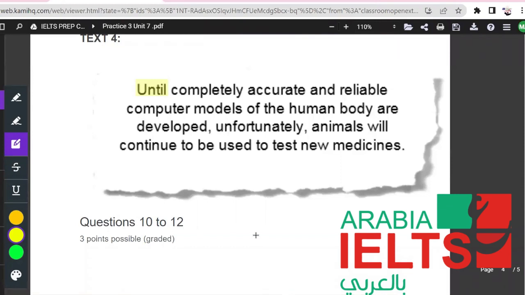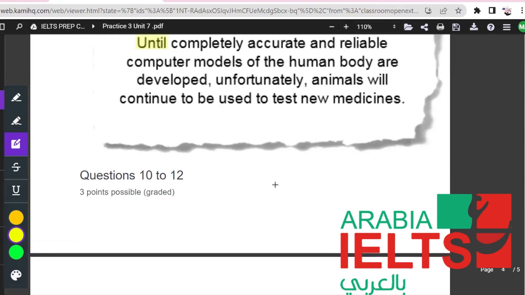Unfortunately should be at the beginning, but they put it in the middle. So no. The answer is no, because it says until the time when we have an accurate specimen of the human body that can react exactly the same as a human to the new medicine, then we will stop using the animals. But until then, nothing will change about the system of how they test new medicines.